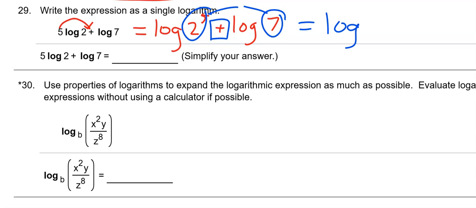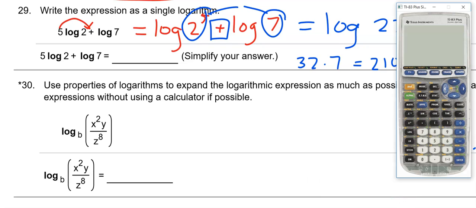log, what is 2 to the 5th? Isn't that 32? Yeah, and 32 times 7, well, that's like 210 plus 14. What's 210 plus 14? Isn't that 224? I do not think that is something I can simplify, unless I use a calculator, because this is base 10, so I could use a calculator, right?